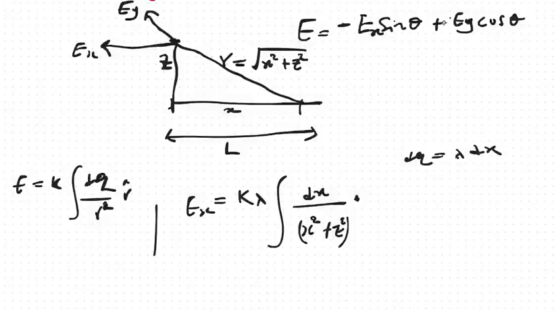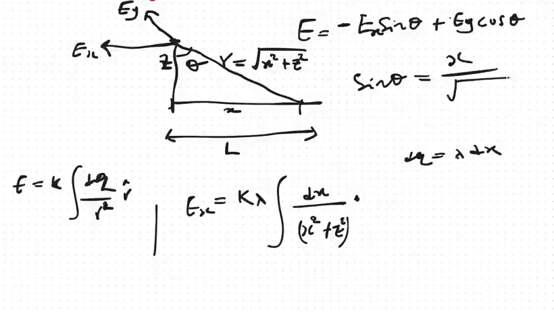and sine theta will be, sine theta is equal to, this is theta, that will be opposite over hypotenuse, which is opposite x divided by hypotenuse, that is square root of x squared plus z squared.